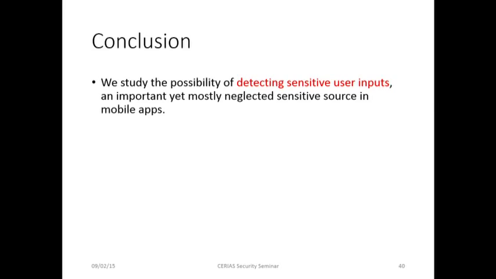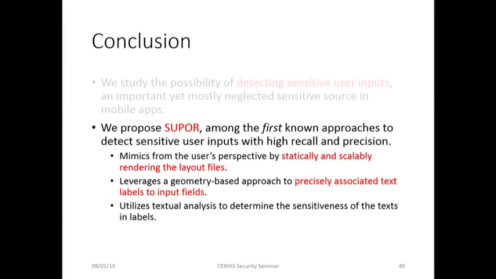Next, at the end, to conclude our work, we studied the possibility of detecting sensitive user inputs, which is important but mostly neglected sensitive sources in mobile apps. And based on our intuition, we propose SUPOR, which is among the first known approaches to detect sensitive user inputs, and it has a high recall and precision rate.